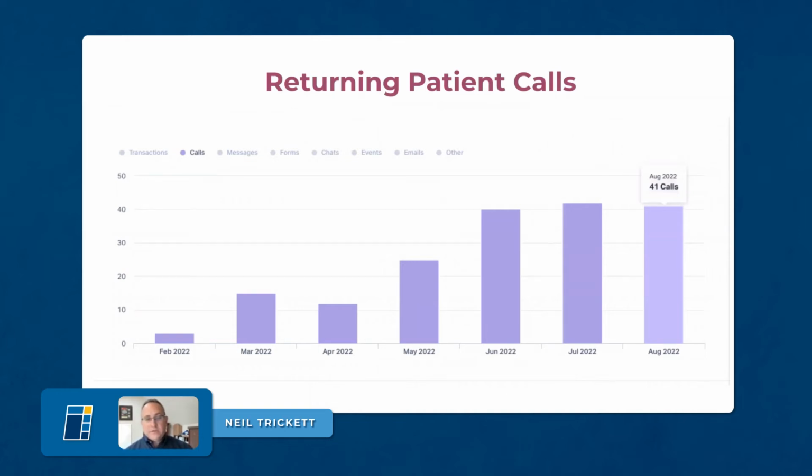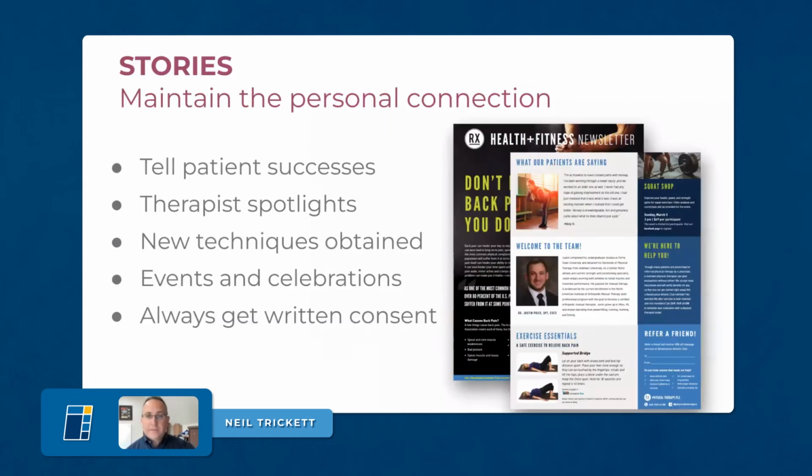And we can see the transition here from the single digits all the way up to like 41 returning patient phone calls a month from that action. So very worthwhile action when you can have a significant increase in the volume of patients coming back in because your marketing is working. So the key thing here with stories, right, is we want to maintain that personal connection. So telling patient successes, therapist spotlights, new techniques that were obtained.